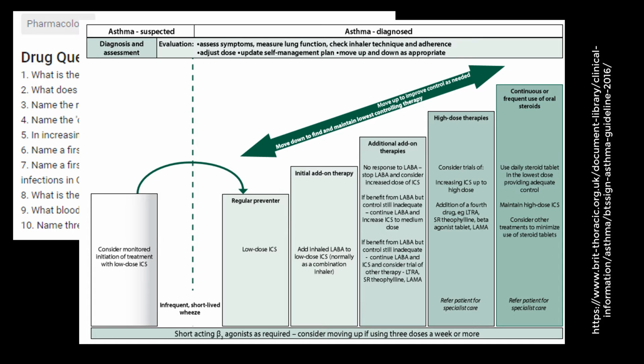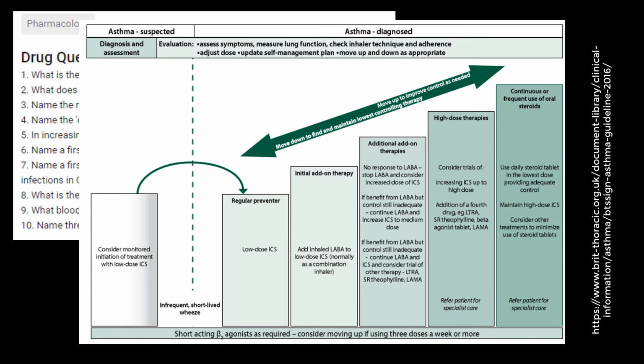A combination inhaler example is Seretide, and Seretide comes in a variety of different strengths. It's a purple inhaler, and it contains fluticasone and salmeterol. Moving on, your additional add-on therapies, which in your diagnosed section is step 3. If there's no response to the long-acting beta agonist, you stop it and consider increasing the dose of inhaled corticosteroid.